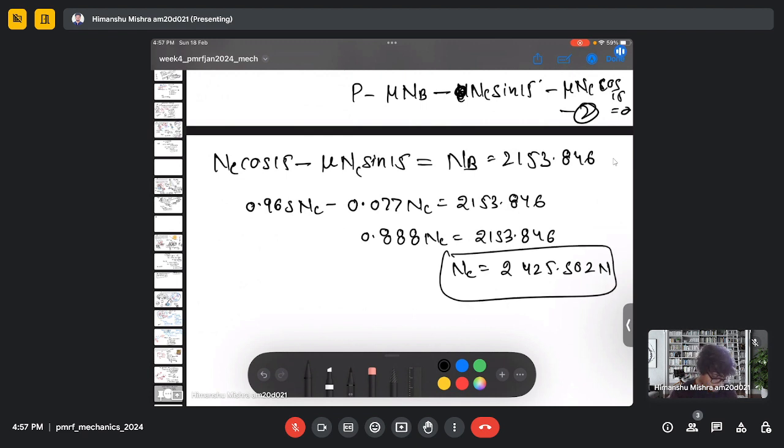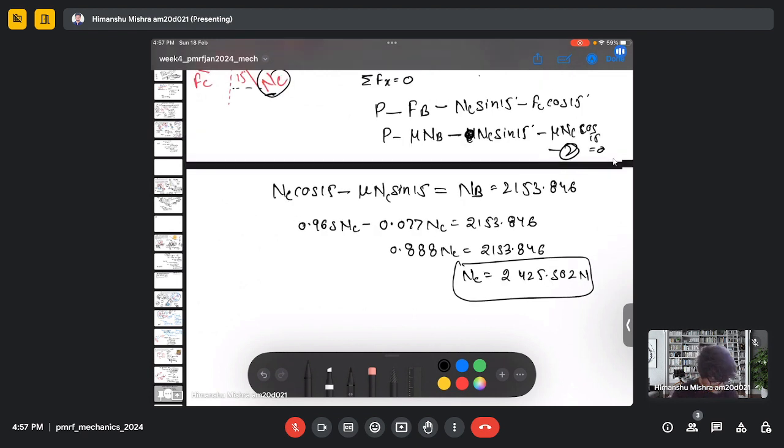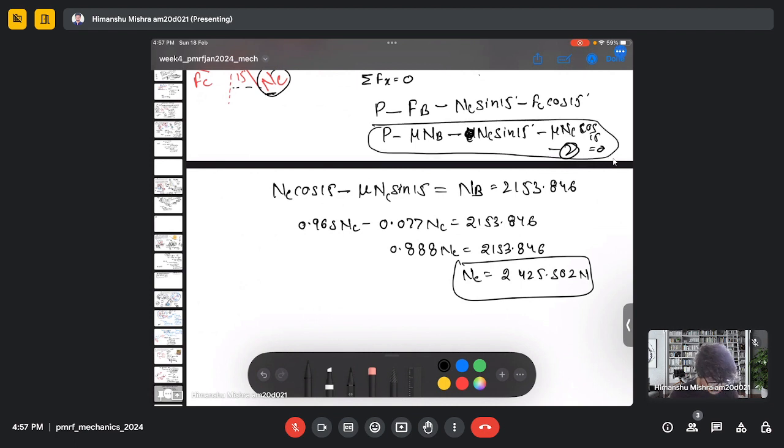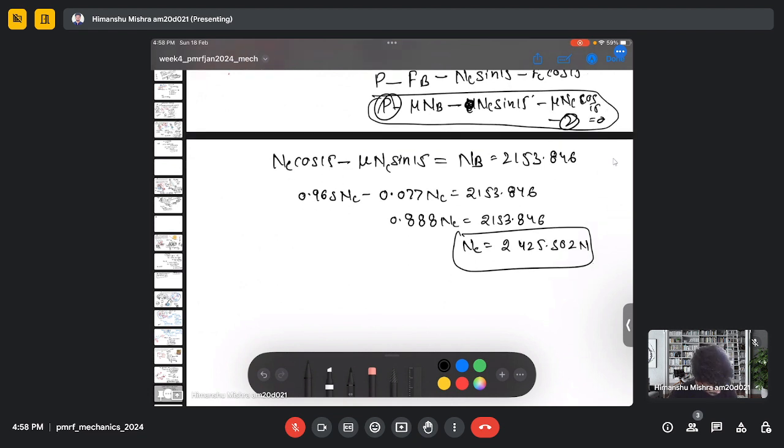So this is my normal reaction at C. So now we can use this normal reaction in equation 2 to find P. So P will be mu NB plus NC sin 15 plus mu NC cos 15.